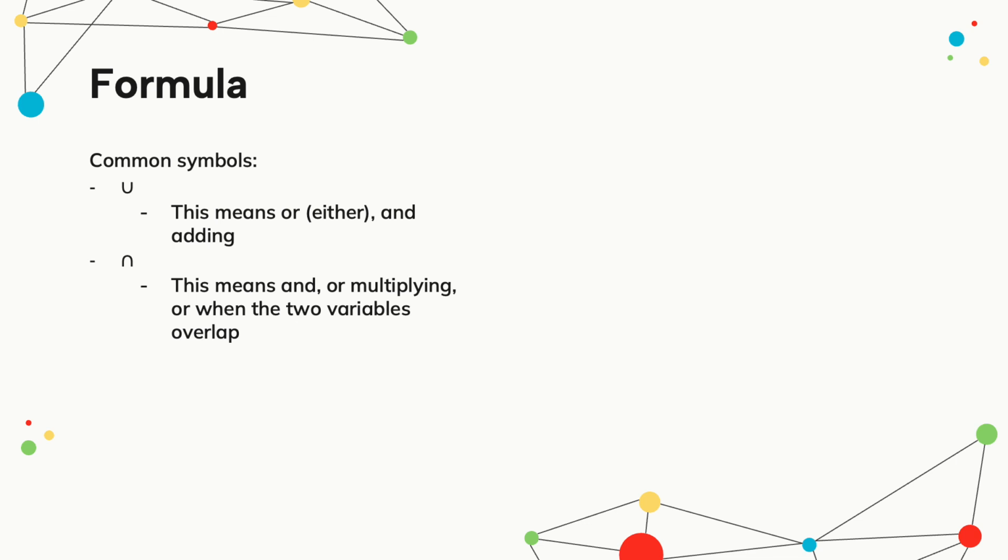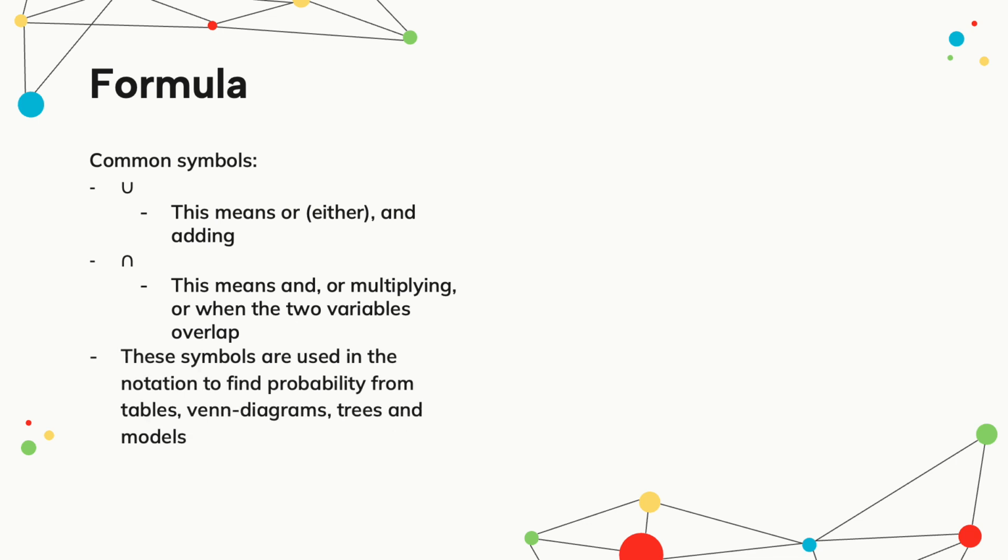And in a table, it's the box that it's in, because the box shows what probability it fits. They're used in notation to find probability from tables, Venn diagrams, trees, and models. So they give you your symbol notation that you write on your paper to then plug in the numbers.